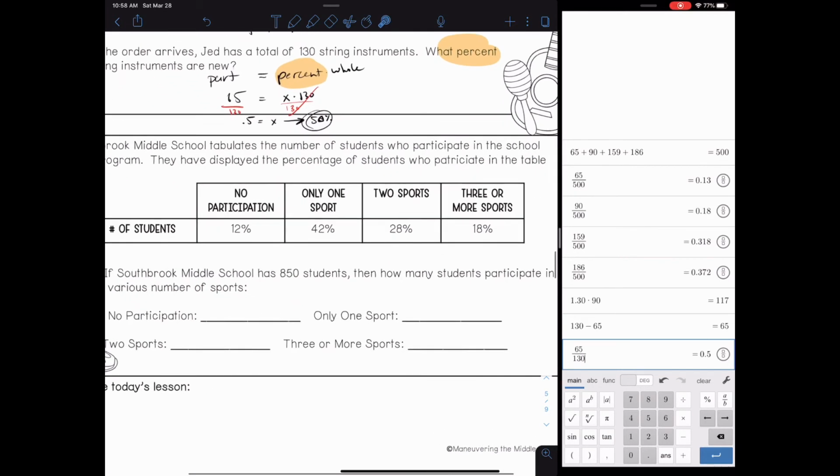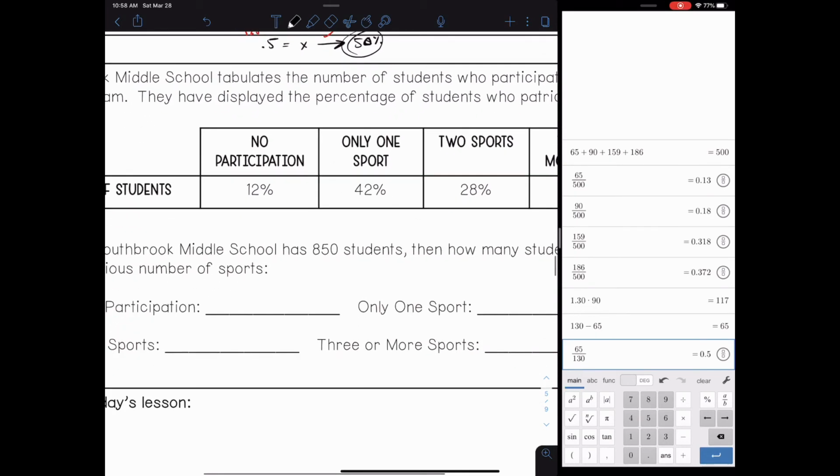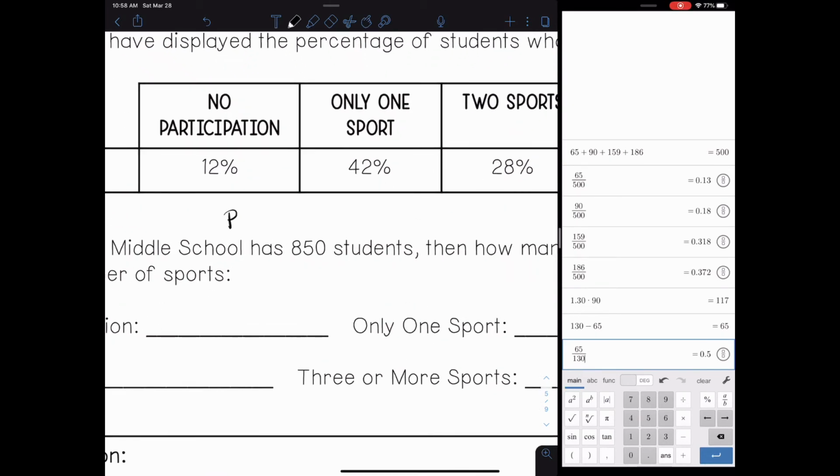Well, okay, so let's think about this, okay? Our equation, you know what it is by now. Part equals percent times whole.